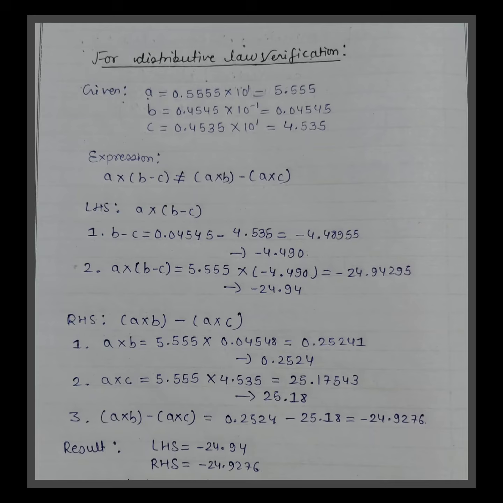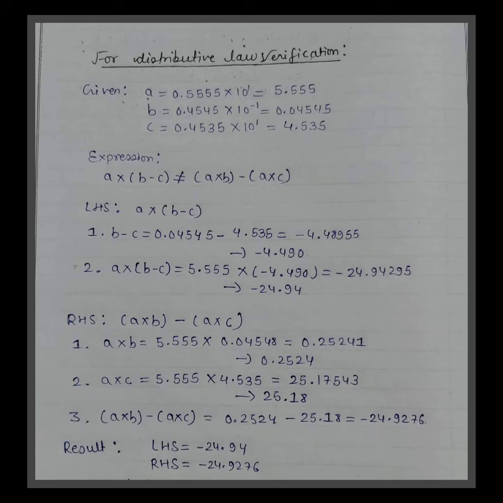That results in minus 4.490. Second, a times (b minus c) equals 5.555 times minus 4.490 equals minus 24.94295. Result minus 24.94.